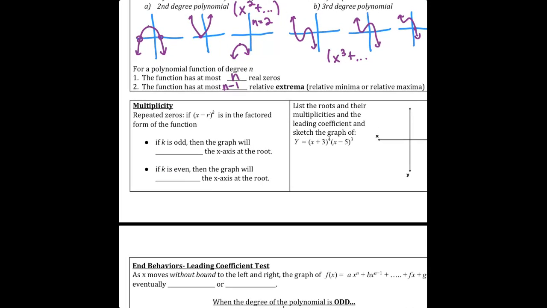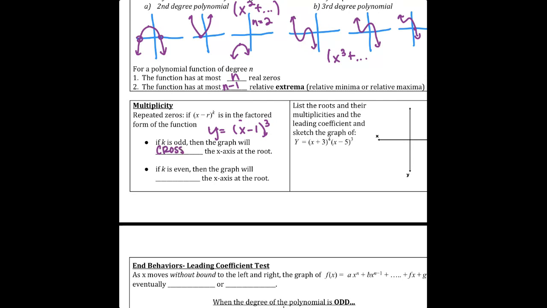For zeros, if you have repeated factors like x minus r to the k value, or let's just make an example, like x minus 2 squared is equal to y, then let's just move this. Okay, so if k is odd, so y is equal to x minus 1 to the third power, then the graph will cross the x-axis.